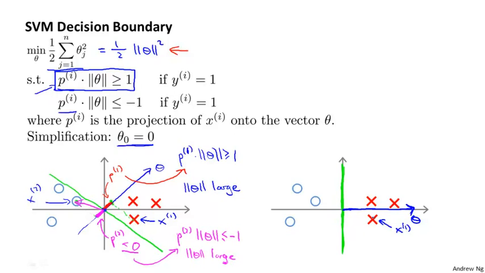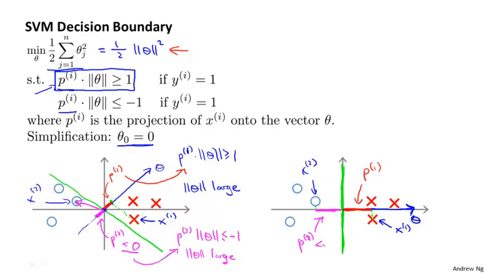So when I project this onto theta, what I find is that this length there is P1. And for the other example, if that example is x2, and I do the same projection, then this length here is P2.